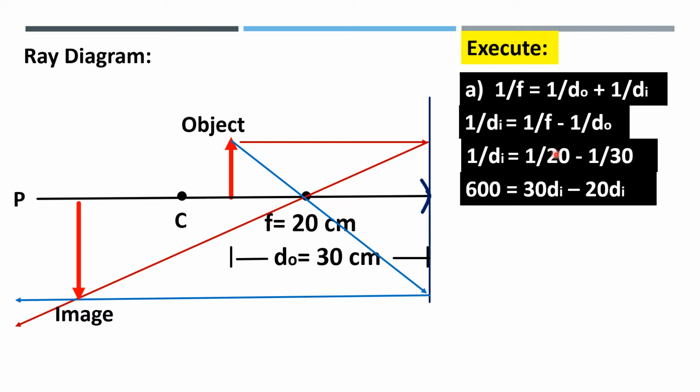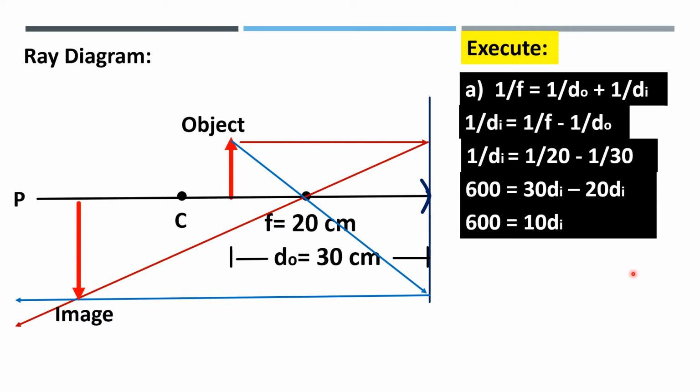Minus 600 di divided by 30 gives us 20 di. And 30 di minus 20 di, of course, gives us 10 di. And now we are able to calculate the value of the image distance, which is positive 60 centimeters.